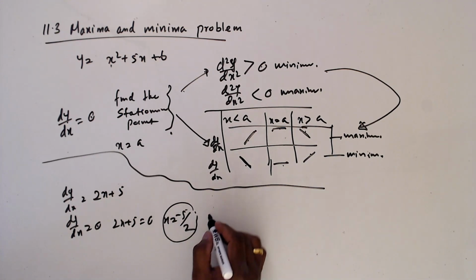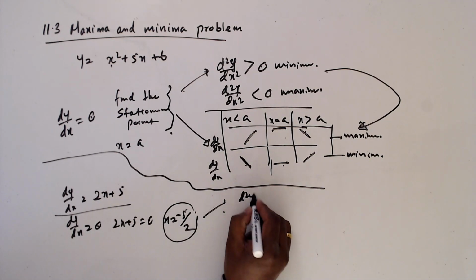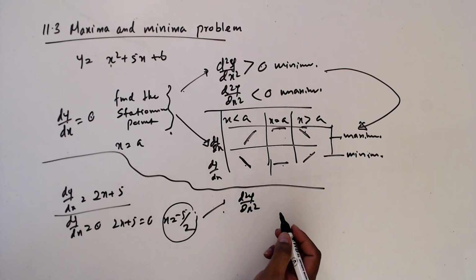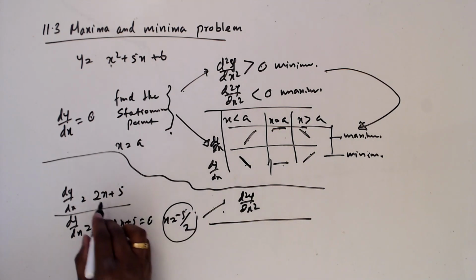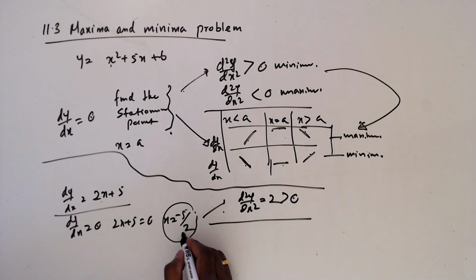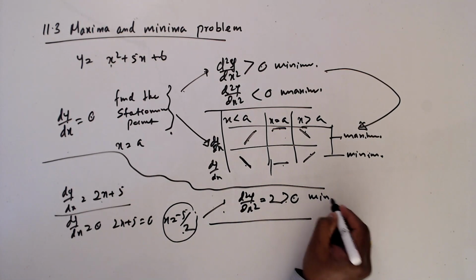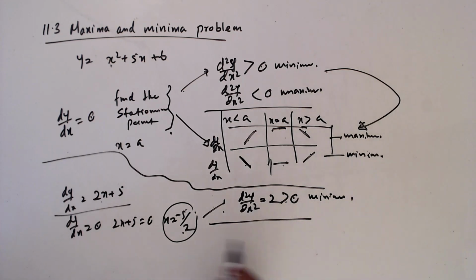So we take the double differentiation, d squared y over dx squared. I'll check the first method. This is simply 2, greater than 0. We don't need to apply this value. It is a minimum.